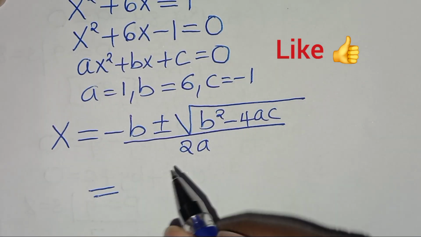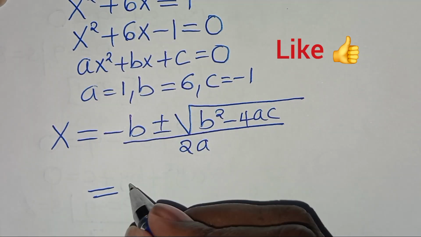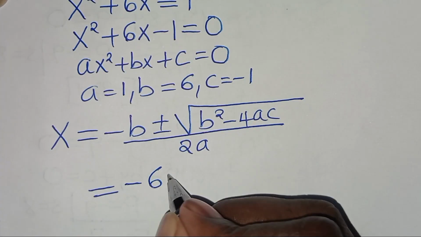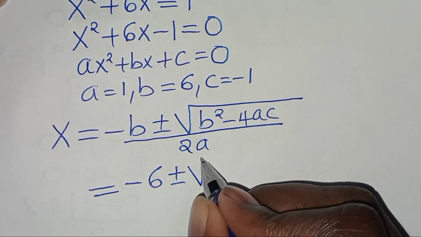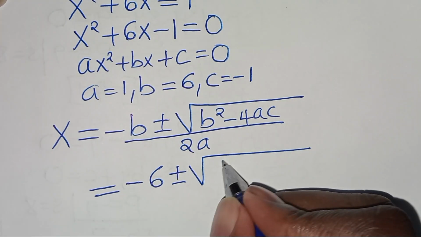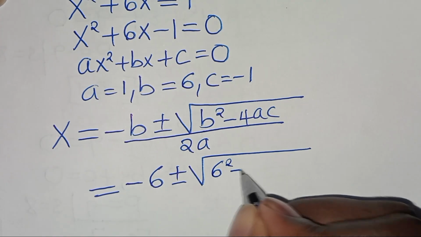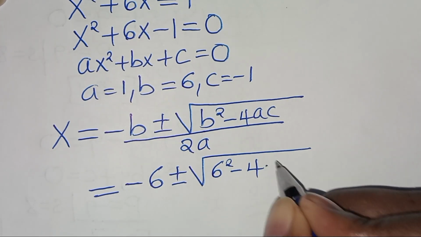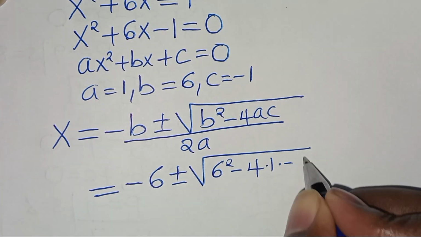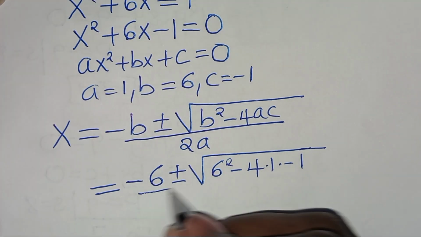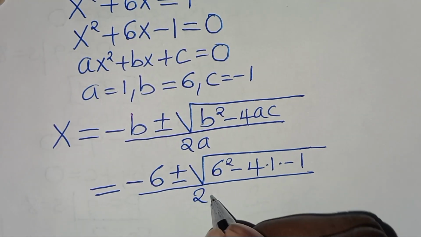Let's substitute the values of a, b, and c. So we have minus 6 plus or minus the square root of 6 squared minus 4 times 1 times minus 1, everything divided by 2 times 1.